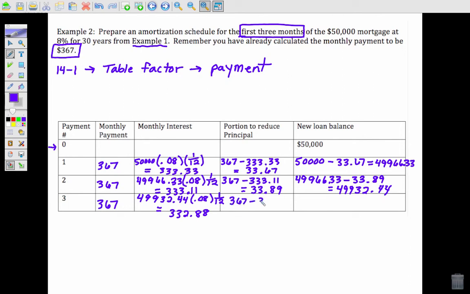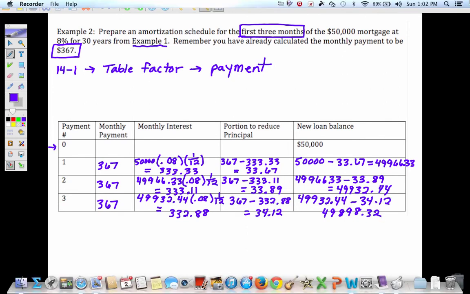The principal amount is 367 minus 332.88. So it's another small amount going to the principal, but you can see each month you're paying a little bit more, just a few cents here. Now we reduce the principal by that $34.12. So at the end of 3 payments, your balance is $49,898.32.